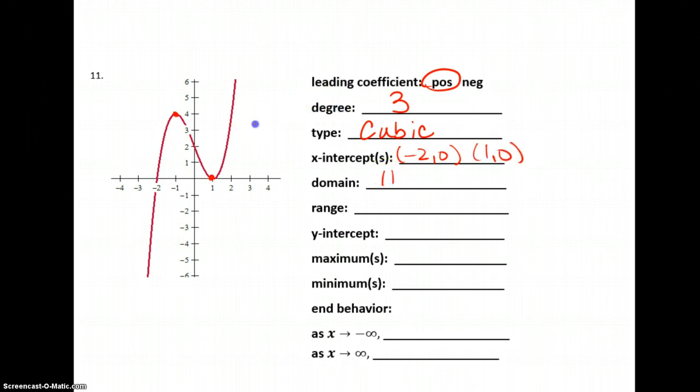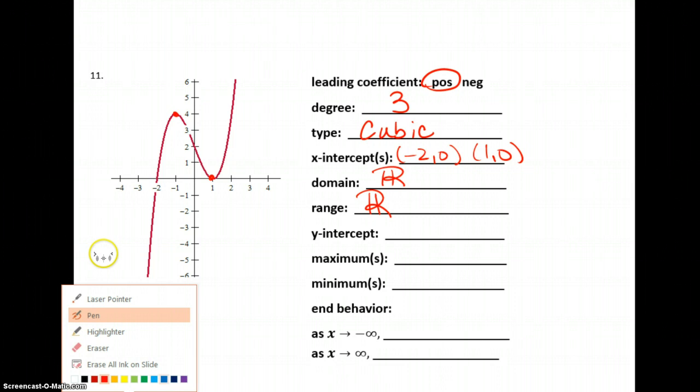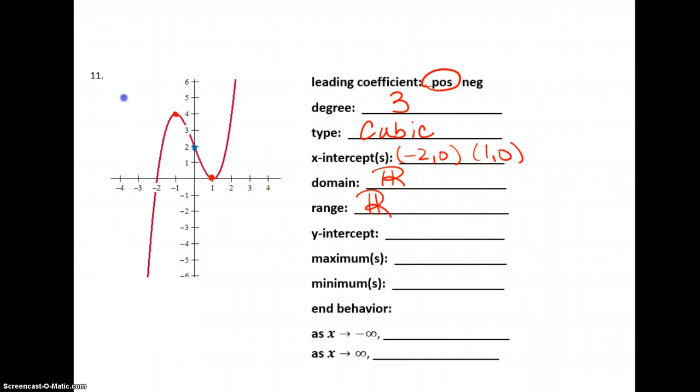Our domain is all real numbers. Our range is all real numbers. The coordinate of our y-intercept, right here, is 0, 2. Okay, and then we have these new terms right here, maximums and minimums. Another name for a maximum would be the peak or the highest point, and a minimum would be a valley.